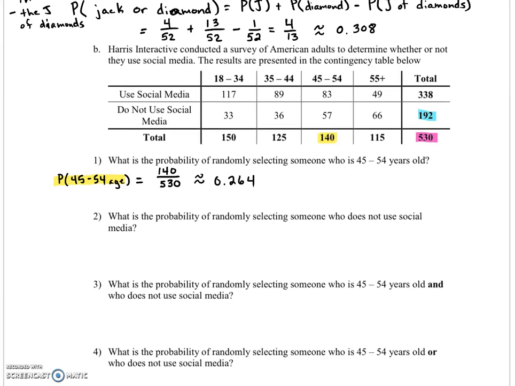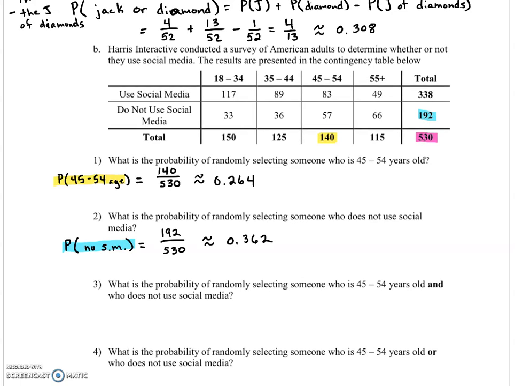I'm just going to say the probability of no SM, for social media, is the total number of people who do not use social media divided by the total number of people. And if you put that in the calculator, it's approximately 0.362.